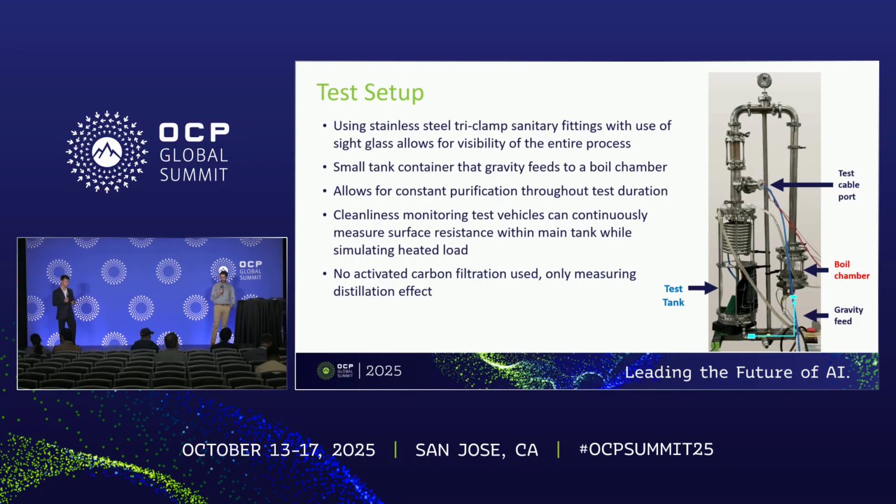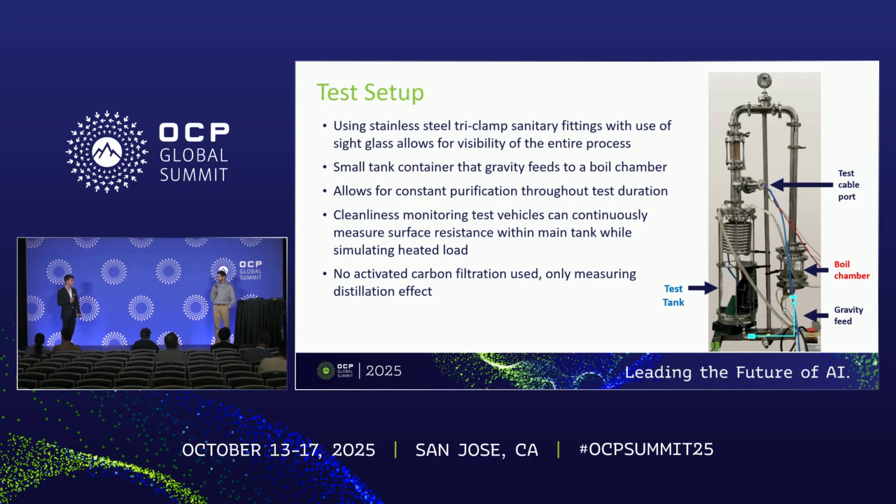In the main test tank, we also connected our test vehicle to an edge connector to provide us with the resistance values, and the edge connector also provided heat to create that boiling action to simulate production hardware.